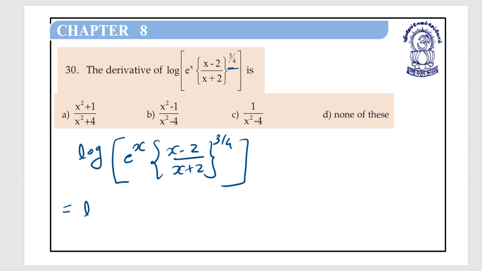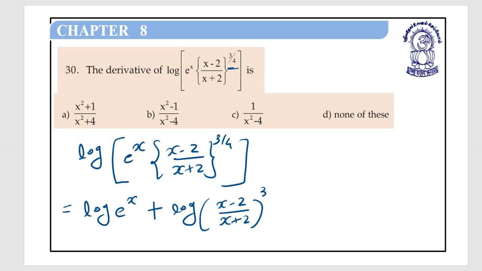So log e raised to x plus, because in the product form, log x minus 2 upon x plus 2 raised to 3 by 4. So here log e raised to x.